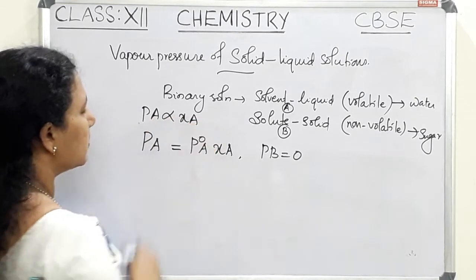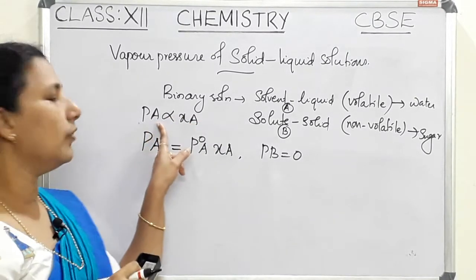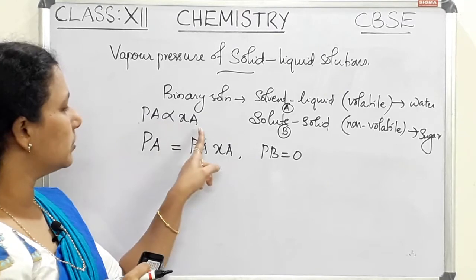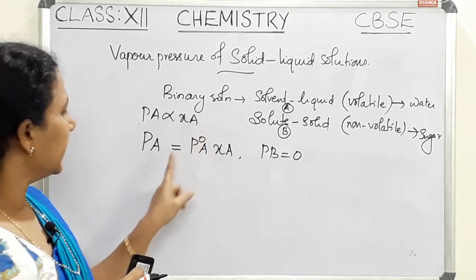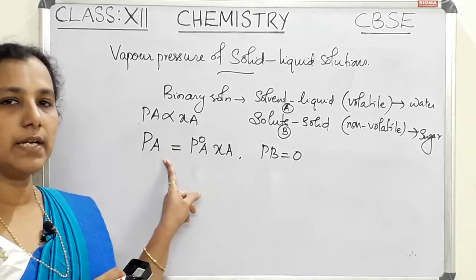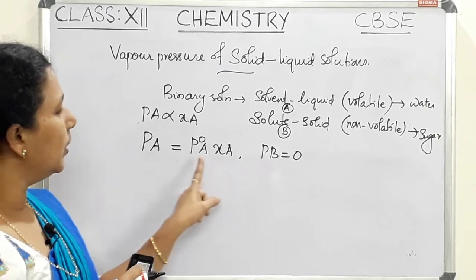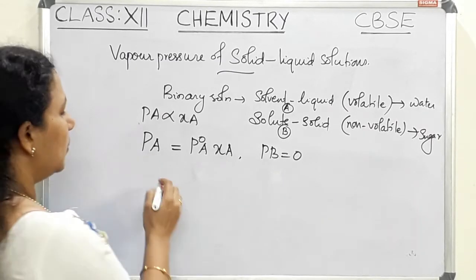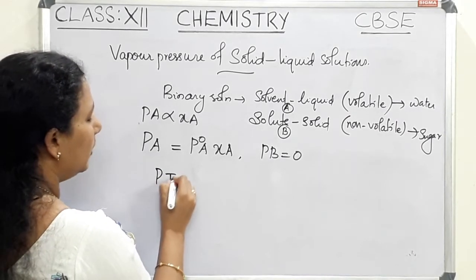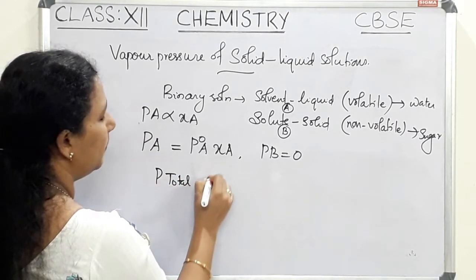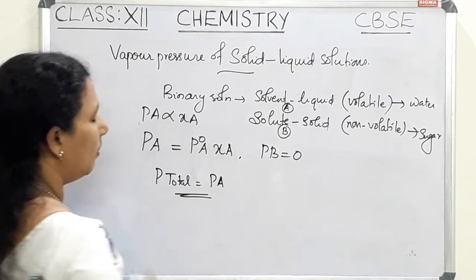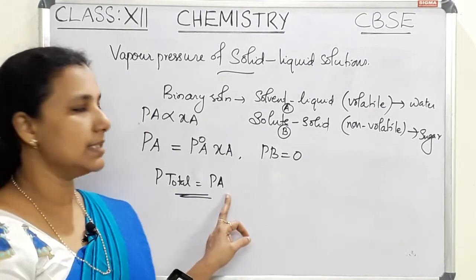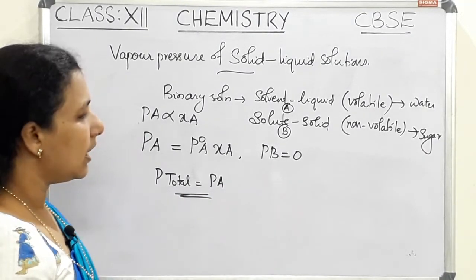According to Raoult's law, the partial vapor pressure of a component is directly proportional to the mole fraction of that component. Here there is only one volatile component, so PA is equal to P0A XA. Here PB is equal to 0, so P total is equal to PA itself, since there is a non-volatile component.